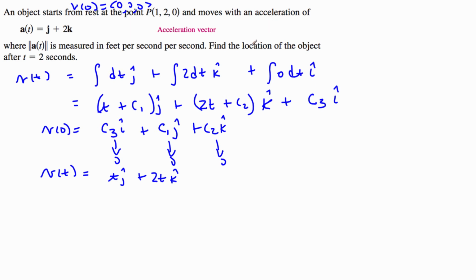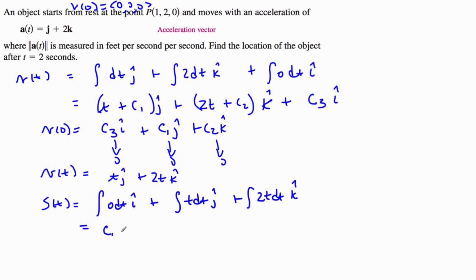Now I want to find the position. So the position is going to be the integral of velocity. Now you see I can't ignore this 0 dt in the i direction, plus the integral of t dt in the j direction plus the integral of 2t dt in the k direction.